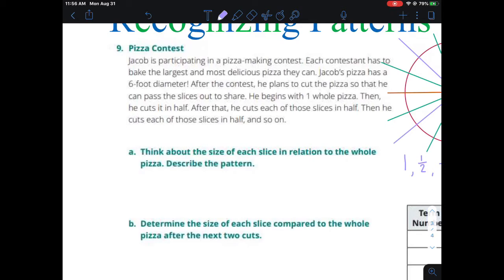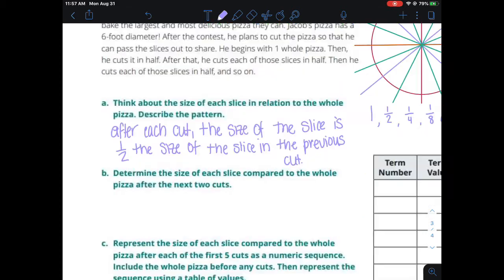Describe the pattern. Well, after each cut, each slice is half of the size of the previous cut. Part B, determine the size of each slice compared to the whole pizza after the next 2 cuts.